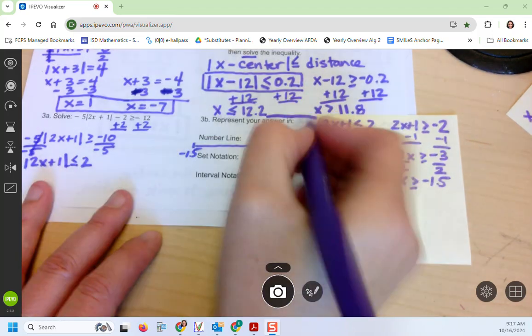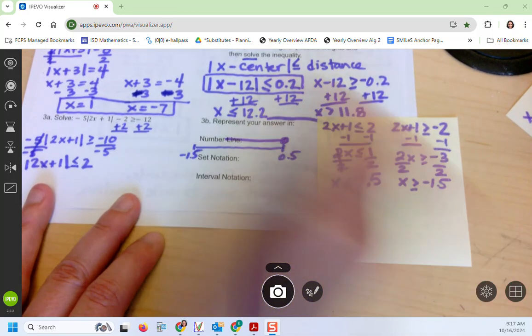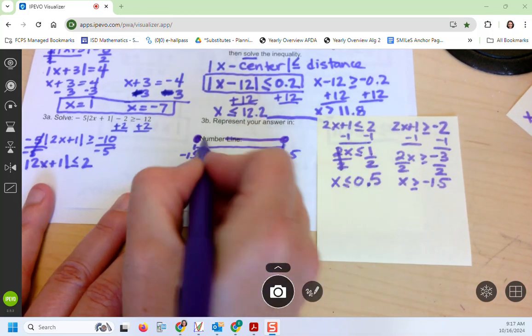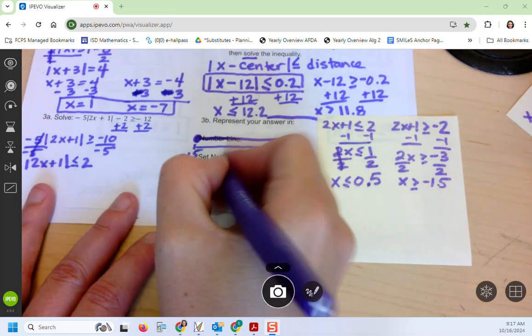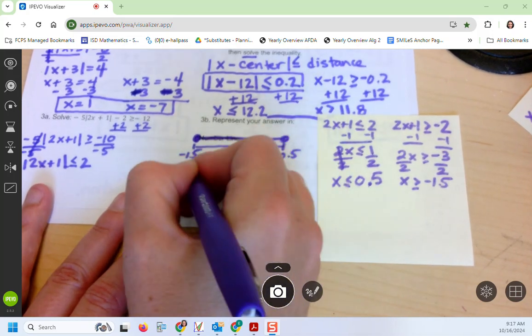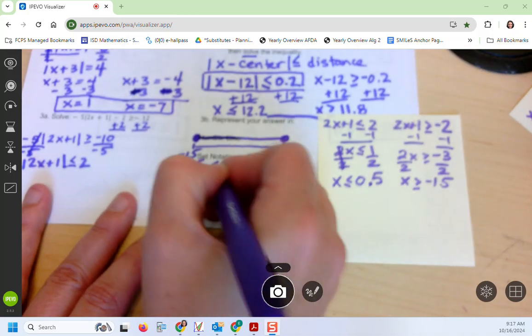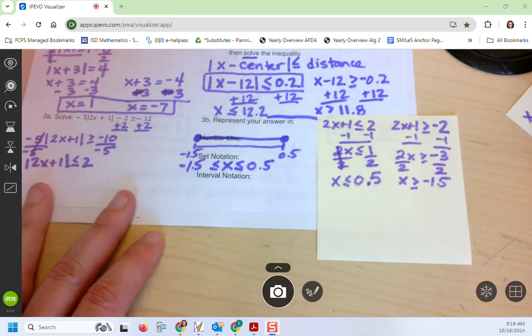So I'm going to be less than or equal to this number, goes that way. And I'm going to be greater than or equal to this number, which goes that way. So it's going to be the numbers in between these two. So that's my number line representation. And then set notation is when you put the x in the middle. So negative 1.5 is less than or equal to x, which is less than or equal to 0.5.